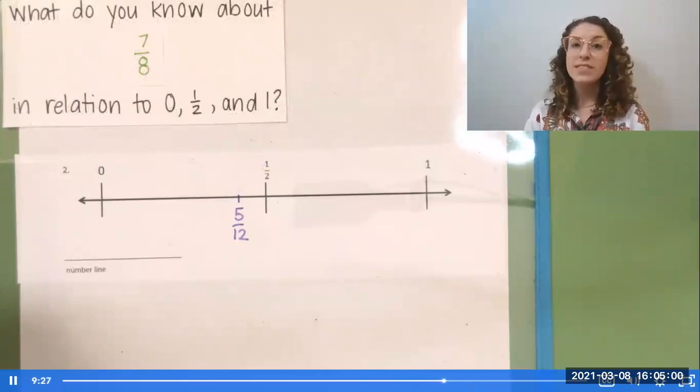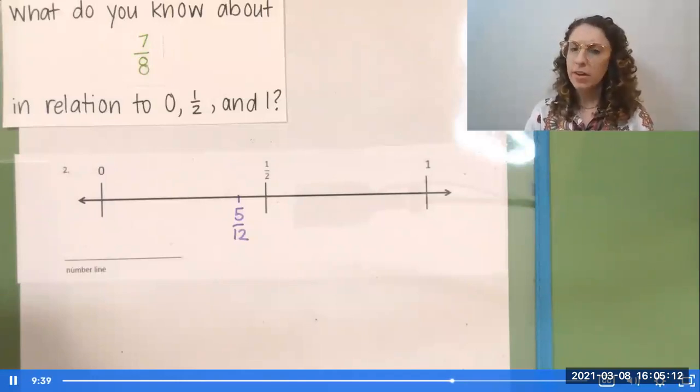What do you know about 7/8 in relation to 0, half, and 1? It's greater than 0. It's less than 1. It's greater than half, I think, because how many eighths are equal to half? 4/8. So 7/8 is between half and 1.